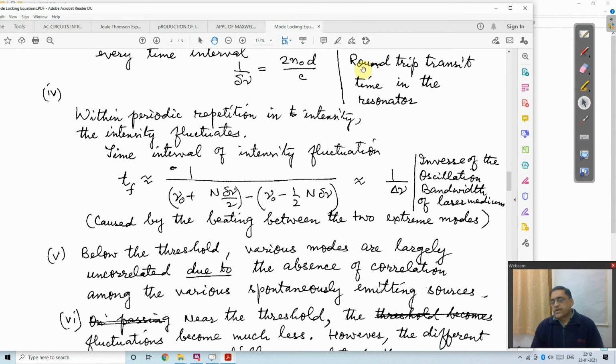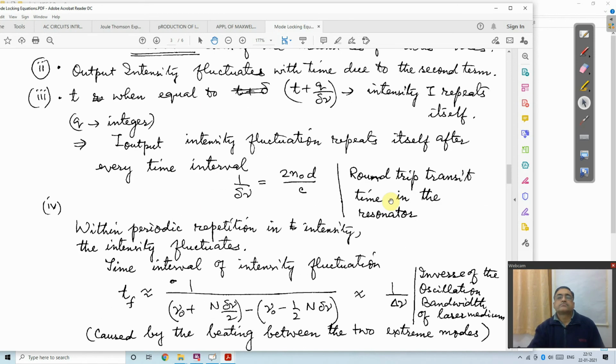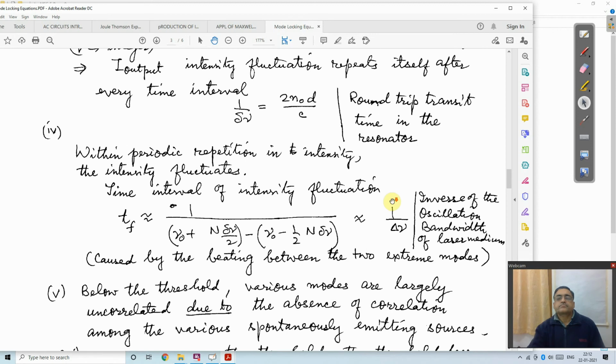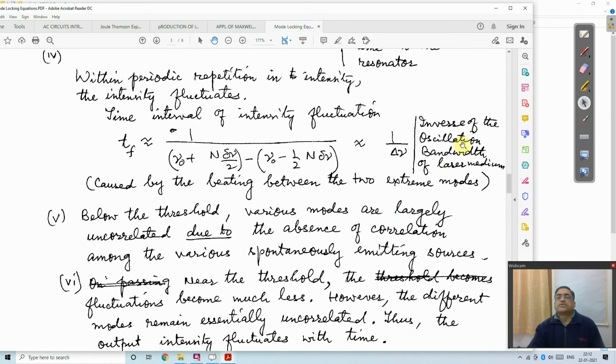So there is a waxing and waning. One frequency is more than and one frequency is less than this quantity. So the inverse of the oscillating bandwidth of laser modes gives the time interval of intensity fluctuations. This is caused by beating between two extreme modes.